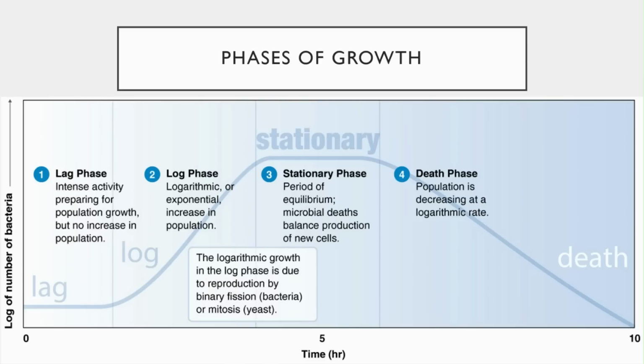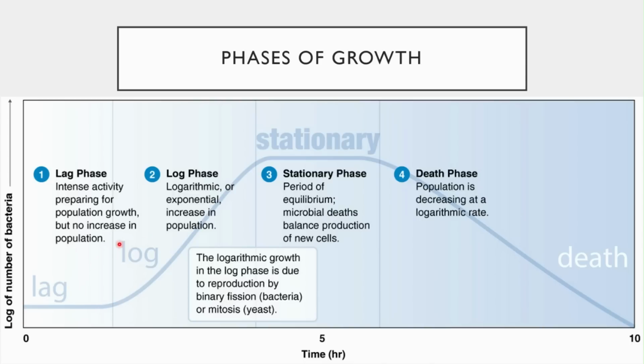Here are the different phases of growth. And remember, when we are talking about microbial growth, we are discussing the population size, not the size of the bacteria. So first, bacteria are introduced into the fresh medium, and this begins the lag phase. In this phase, bacteria are just getting used to their environments and they're going through an intense activity of preparation for growth, but no increase in population is really occurring here.